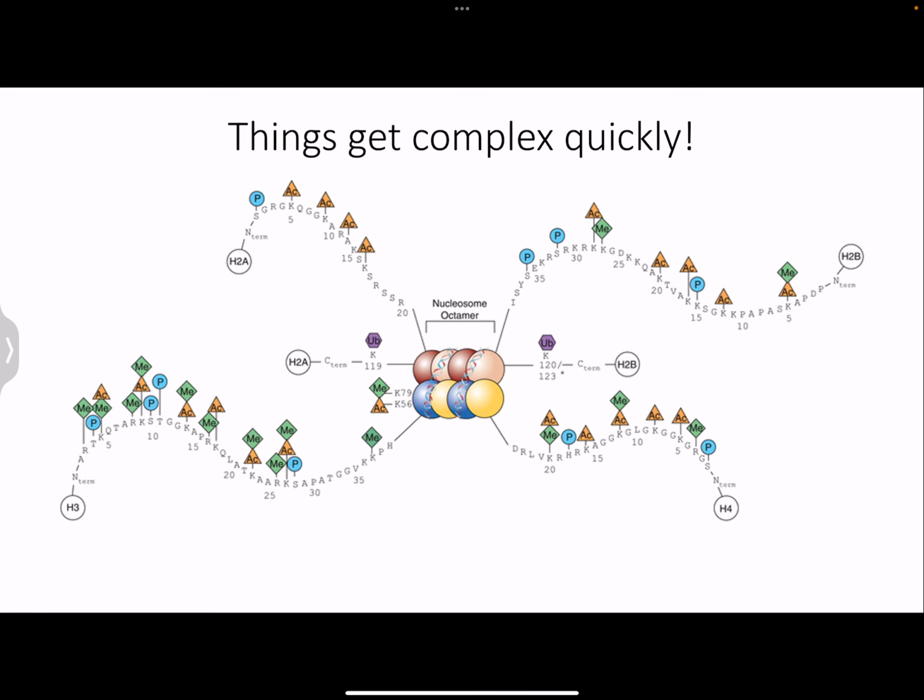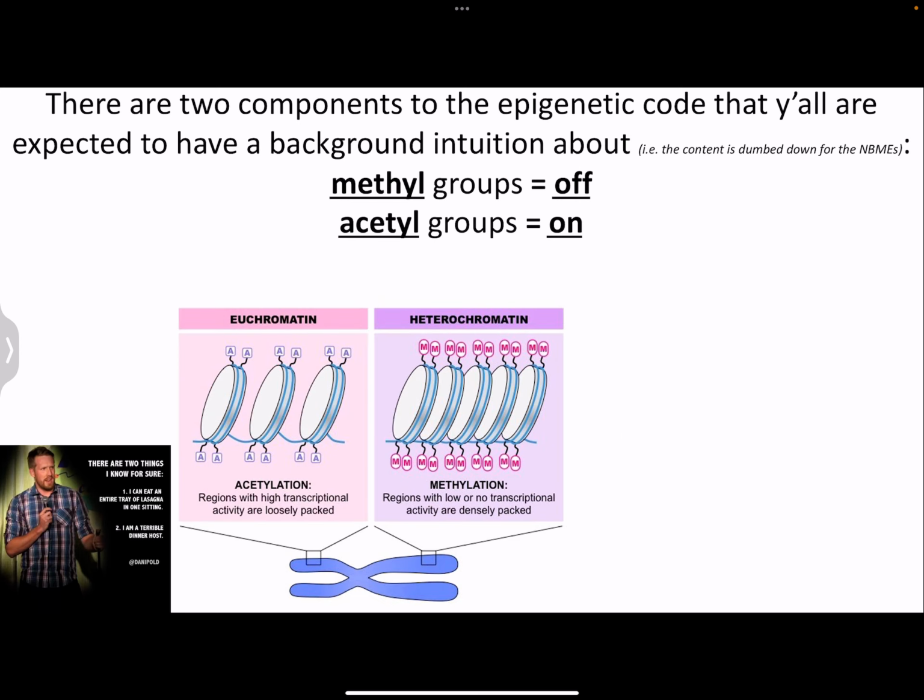And so pretty soon, though, we have 8 different histone proteins, all with different tails and lots of variations, lots of possible combinations of acetyl groups and phosphates and sumoyl groups and ubiquitins and methyl groups, and it's quite enormous and mind-boggling and complex code. We don't really have to know all of that. We can just simplify it to distill these 2 basic principles.